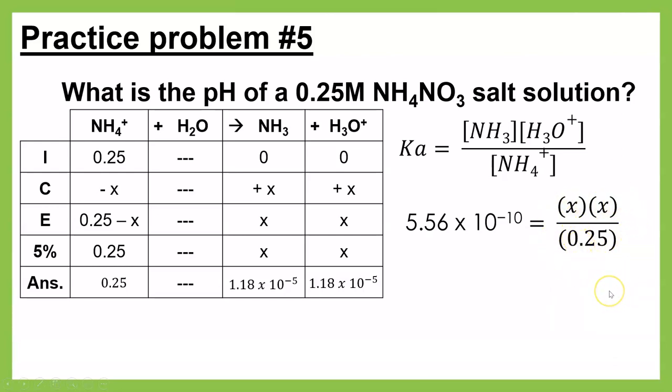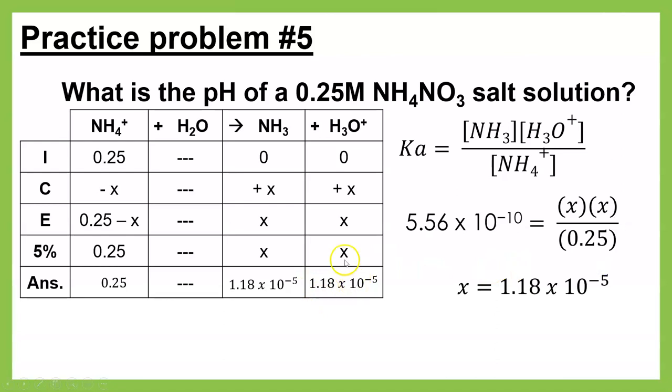Now, you have to somehow tell people that's what you're doing, okay? You gotta justify that simplification. You can just write 5% rule. I'm fine with that. They may ask you to give more detail maybe, but I think it would typically be fine to just indicate you're using 5% rule. Solve for x.